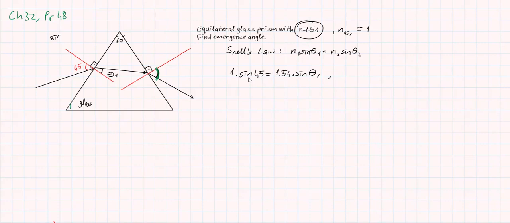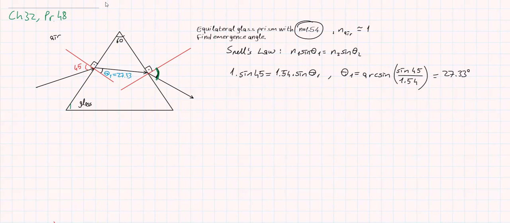Okay, so theta 1 will be equal to arc sine of sine 45 over 1.4. And the value will be 27.33 degrees again. So now I know that this angle theta 1 is 27.33.